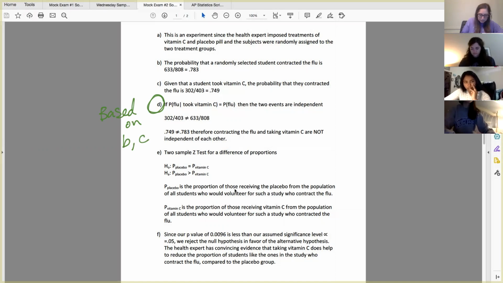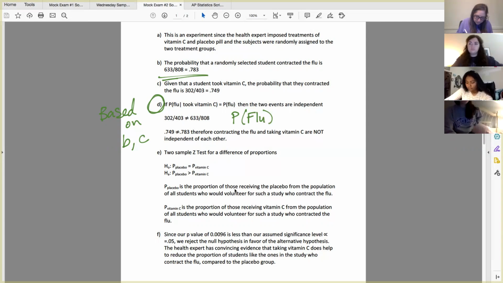So what that means is if it didn't say that, we could have definitely used the independence rule, or the multiplication rule for independence, but since it said based on B and C, that means we had to use those answers somewhere. So if the question says based on a previous part, you have to use that in your answer. Otherwise, you won't get any points. So part B is the probability of getting the flu.